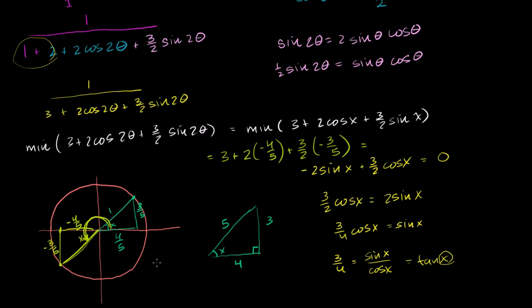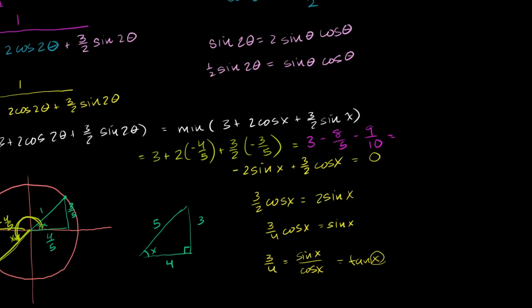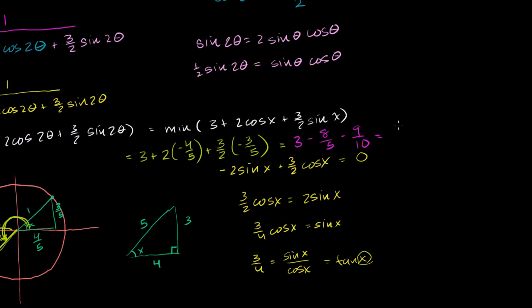And what is this going to be equal to? This is going to be equal to 3 plus negative 8/5. Maybe I should write 3 minus 8/5 minus 9/10. And so we could put everything over 10.